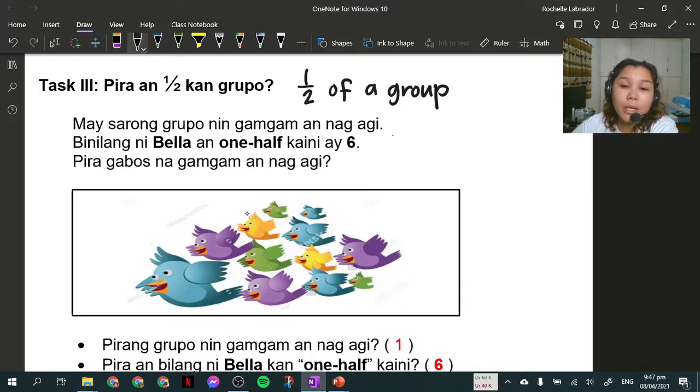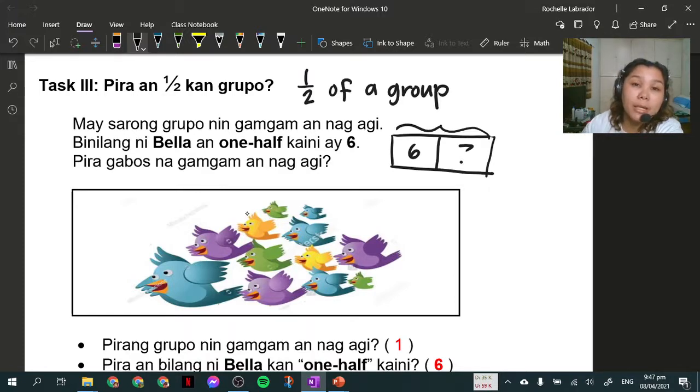So, if 1/2, so imagine ha, so ito 1/2. Kung ang 1/2 is 6, ilan ito? So, piragabos ang Gamgam na nag-agi, so that we can count the total number of birds. So, baliktad naman tayo. We are after the other 1/2 to make it as a 1 whole.